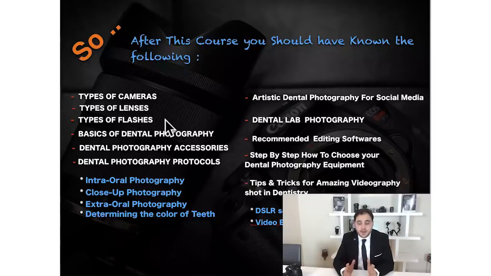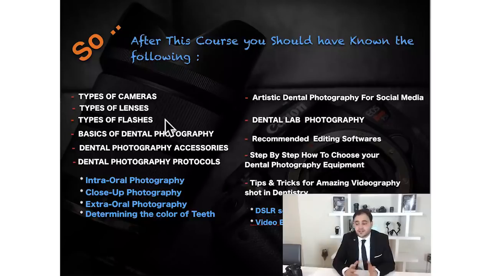And after we finish these types of cameras and lenses and flashes, now it's time to take the driving license, how to drive your equipment by learning the basics of dental photography. We have 5 main basics of dental photography, starting with aperture and shutter speed, ISO, depth of field, and focus mode.